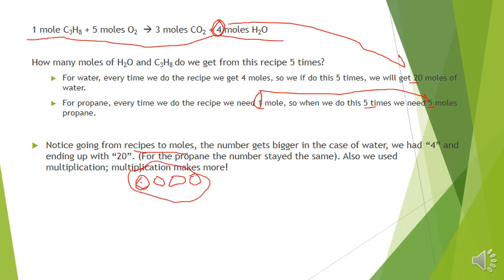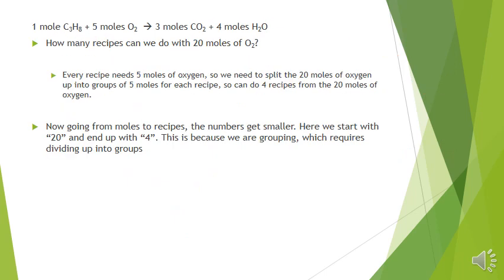You can sort of think of a recipe as a set, and inside it are 4 moles. So we just have one recipe, and when you let them out, and we do that 5 times, we end up with 20. So numbers will always get bigger when you go from recipes to moles. That means you're going to multiply, okay?